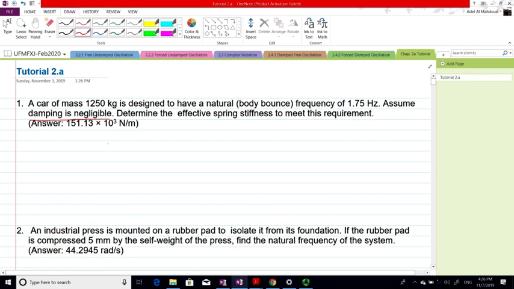So what we have here is the mass, which is a car which has the body bounce.